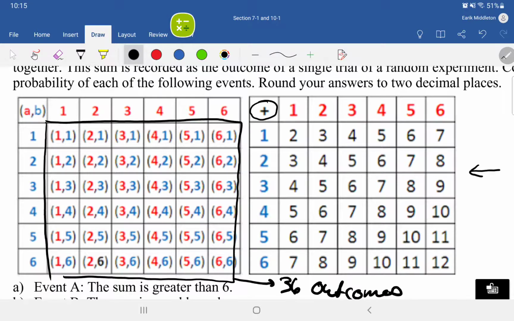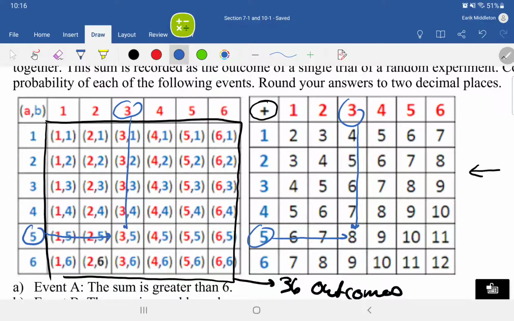For example, if I roll the number 3 on the first roll and roll the number 5 on the second roll, that's going to be the ordered pair of 3 and 5. When I add the numbers 3 and 5, I get 8. 3 plus 5 is 8.